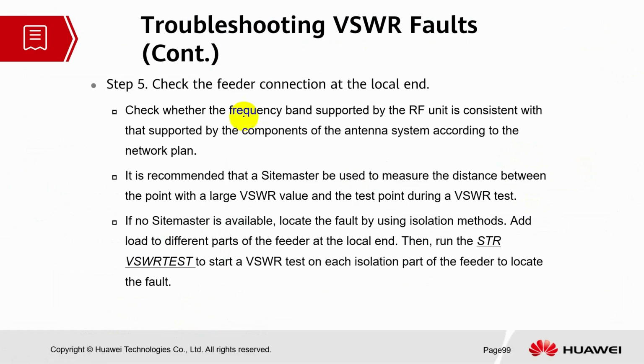Let's check the feeder connection at the local end. Check whether the frequency band is supported by the RF unit and is consistent with the other components of the antenna system. For this, you can use a site master to determine the distance between the point of the large VSWR value and the test point of the VSWR test.